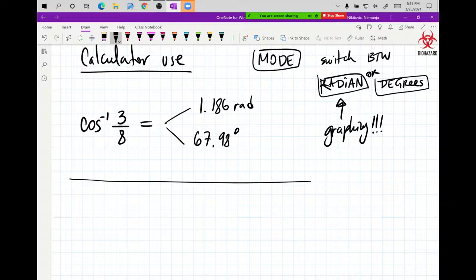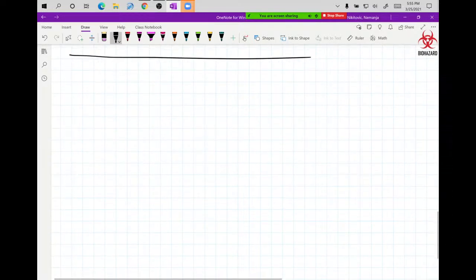Okay. Now we're going to take a look at a particular type of problem where we get to combine trigonometric functions and their inverses.